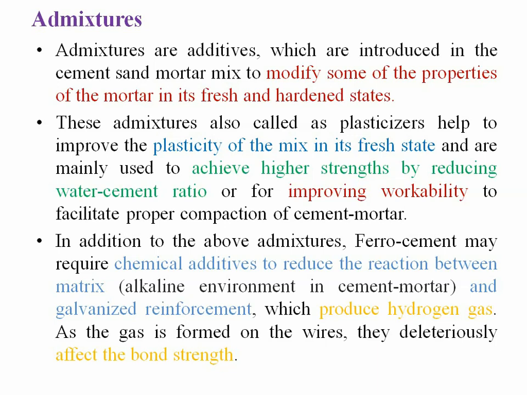In addition to these admixtures, ferrocement may also require chemical additives to reduce the reaction between the matrix and the galvanized reinforcement, that is, the alkaline environment in cement mortar, and thereby reduce the corrosion of the steel.